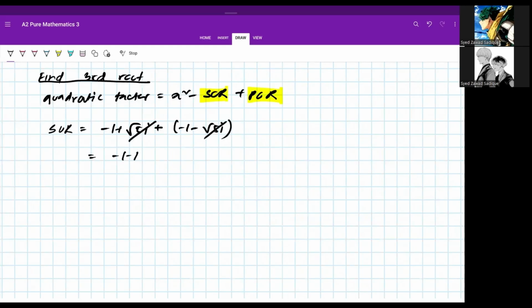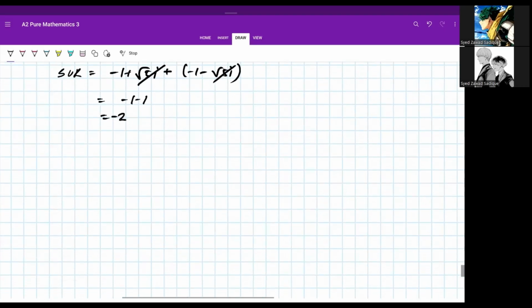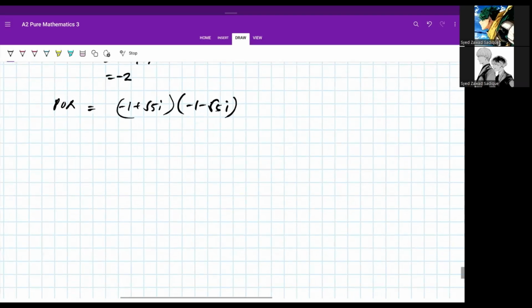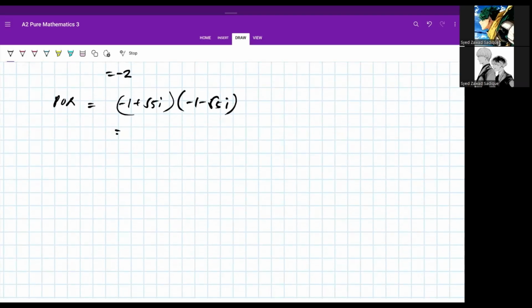Minus 1 minus 1 is equal to minus 2. And the product of roots is equal to minus 1 plus root 5i times minus 1 minus root 5i, which is equal to 6.